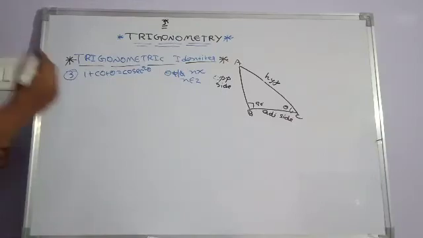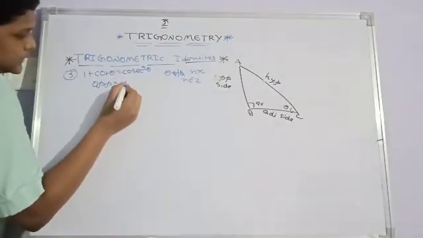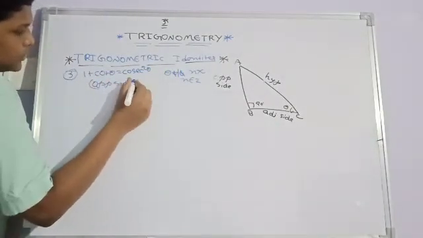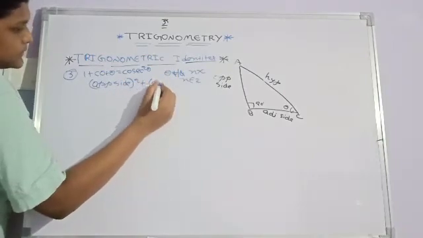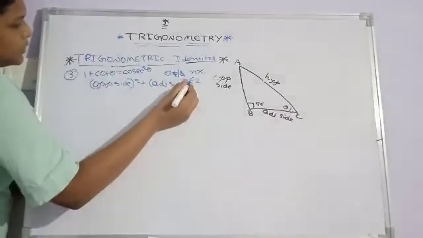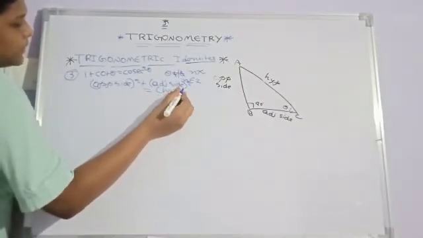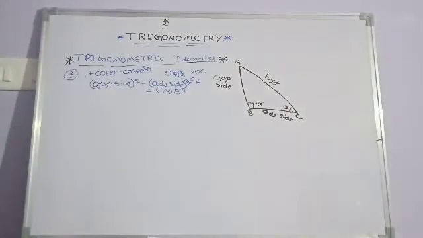Let us again write the Pythagoras theorem. Opposite side whole square plus adjacent side whole square is equals to hypotenuse whole square.